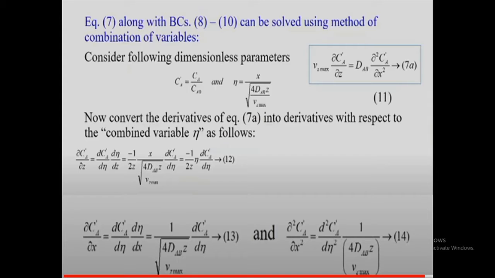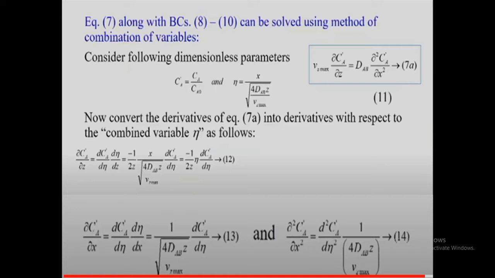Okay, so now what do you do? We don't change dCa dash/d eta, so you keep it constant. We only concentrate on d eta/dz, because we have the eta value. Eta is a dimensionless parameter, so differentiate with respect to z.